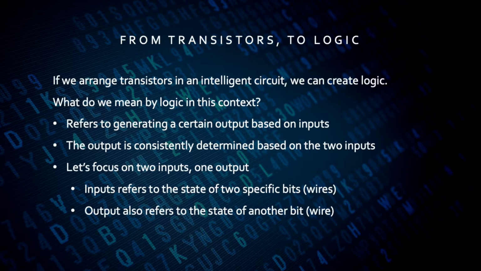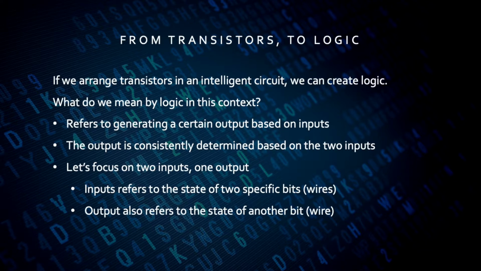So here, logic refers to looking at a set of inputs, in this case, me filming a video in my room and my room being in my apartment building, and determining or stating an output based on that. In this case, me saying that I'm making this video in my apartment building. And so what it comes down to in the end is that the output or the statement that I made can be consistently determined and validated based on the initial set of inputs or conditions.